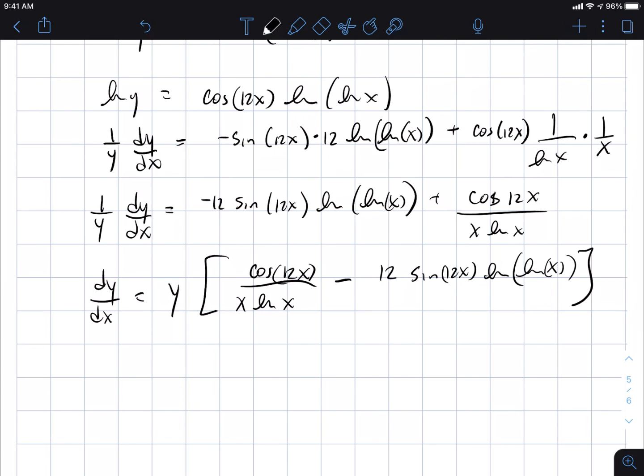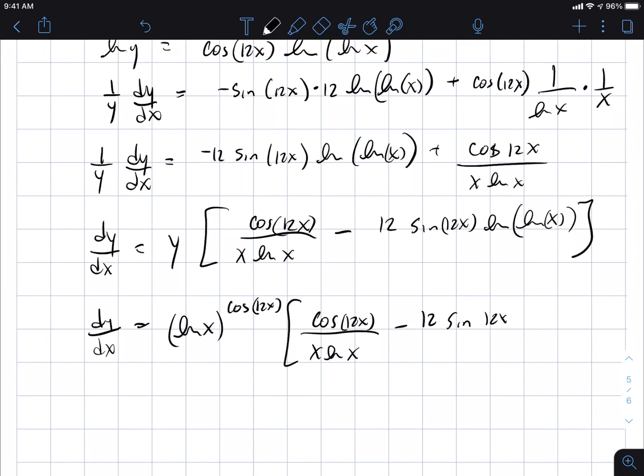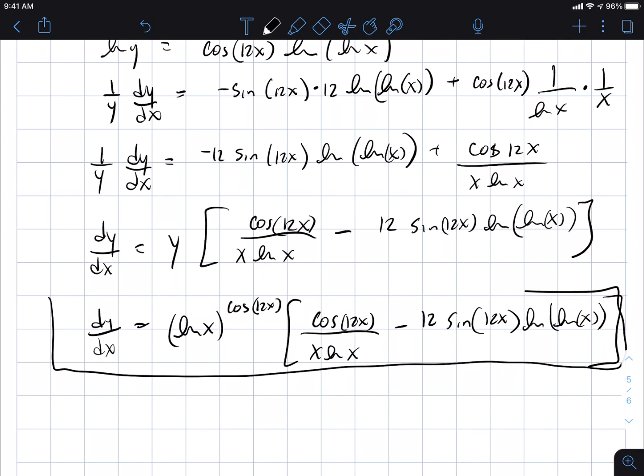But then we know what y is. Y was what? Ln of x to the cosine of 12x. So dy dx is ln of x to the cosine of 12x times cosine of 12x over x ln of x minus 12 sine of 12x ln of x. Aren't derivatives fun?